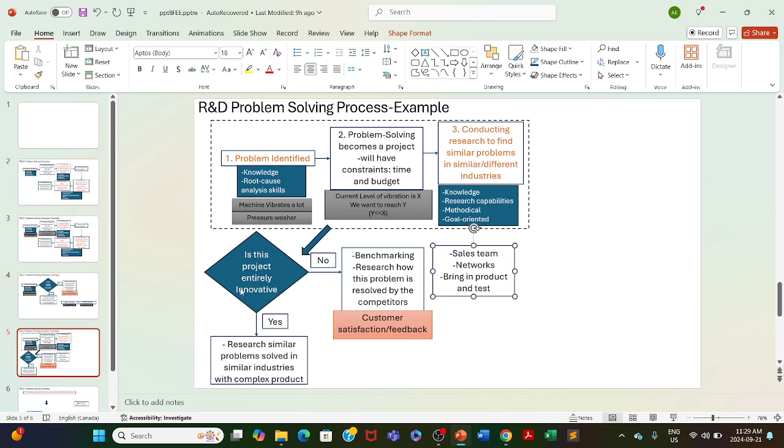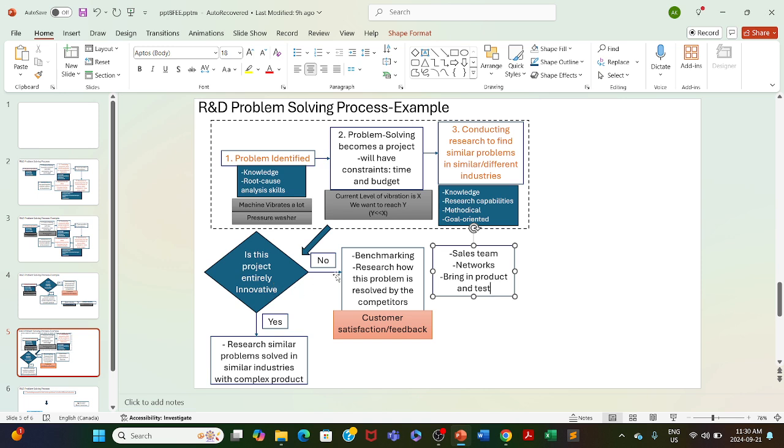For my case, as I explained in the previous tutorial, the product is a pressure washer which vibrates a lot. I have a certain level of vibration right now and I want to reach a certain level of vibration. So the next step would be to ask whether this project is entirely innovative or not.